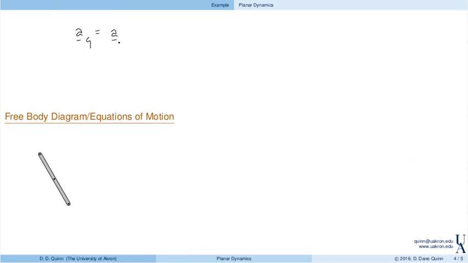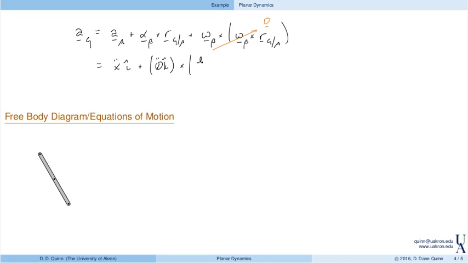So we have the acceleration of A plus again the angular acceleration of the bar cross r of G with respect to A plus the angular velocity cross omega cross r of G with respect to A. Again, at this instant, the angular velocity is 0, so this whole term drops out. And we're left with x double dot in the I direction, theta double dot in the k direction, cross now L over 2 in the E2 direction.